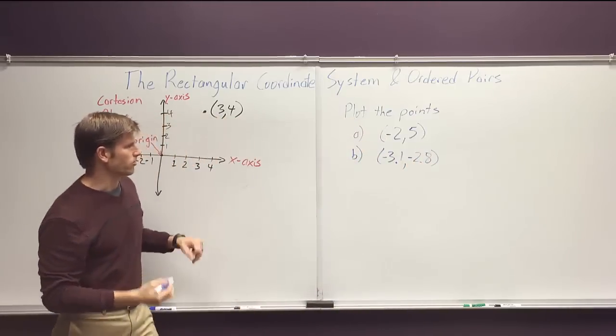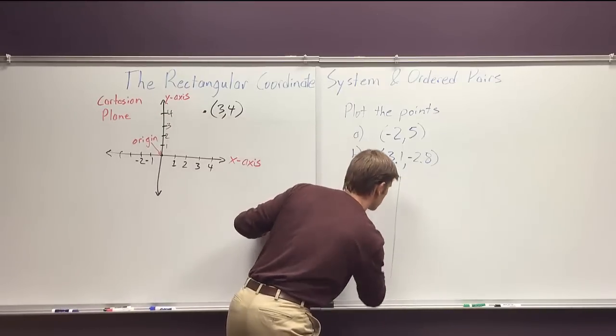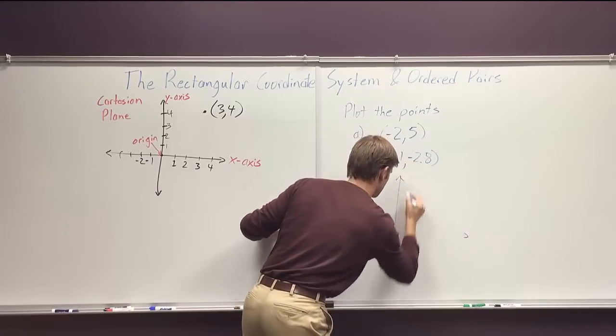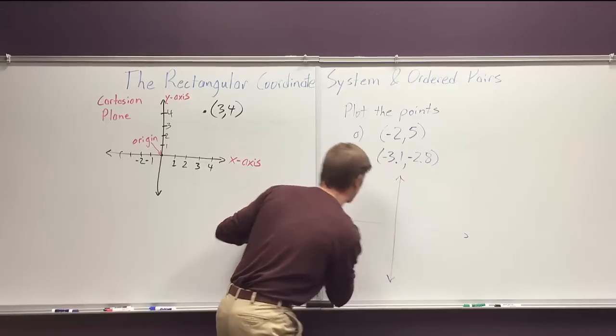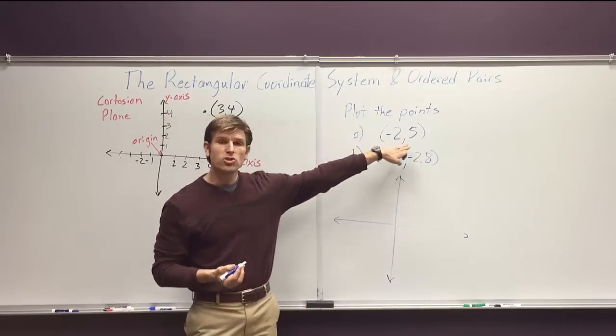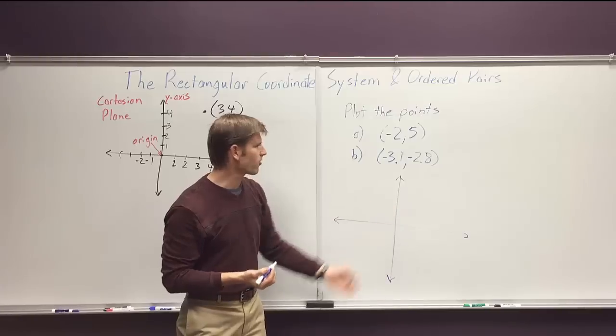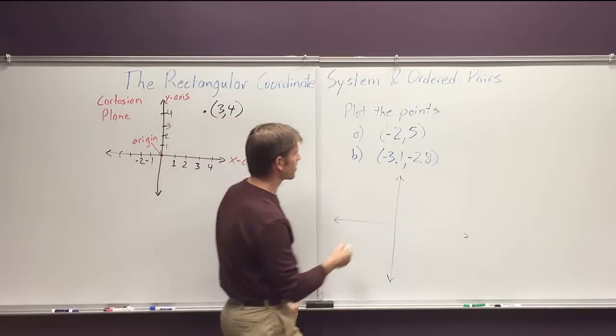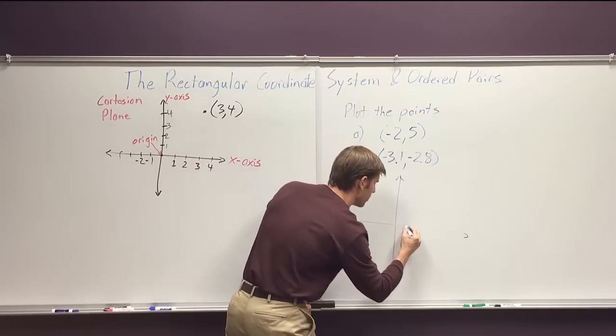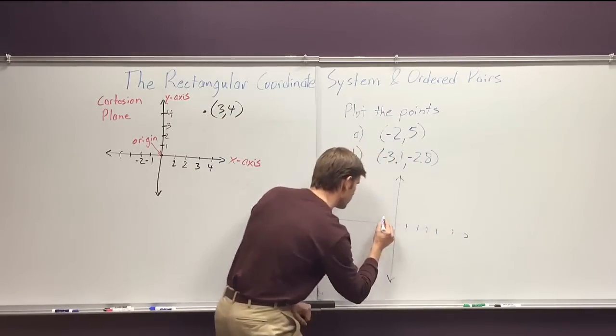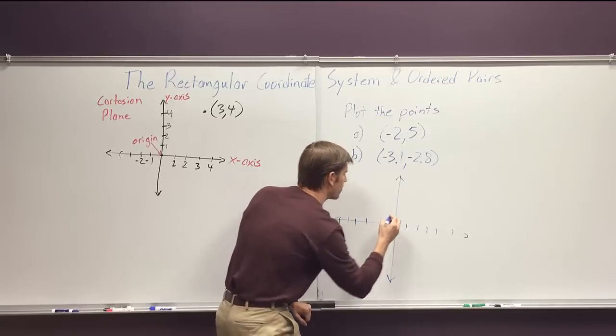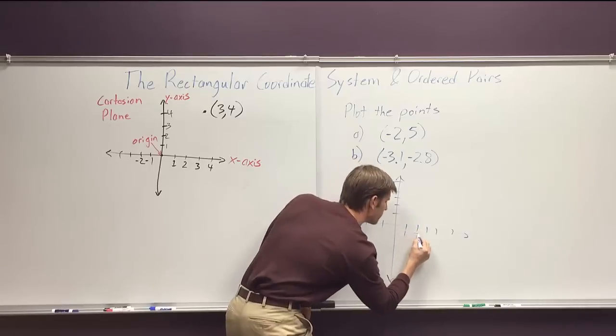You could plot those on a rectangular coordinate plane. You get to pick how far your hash marks are. So I'm not going to be incredibly precise, but 1, 2, 3, 4, 5, 1, 2, 3, 4, 5, 1, 2, 3, 4, 5.